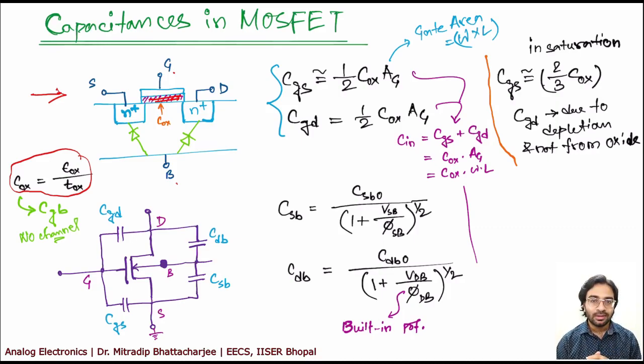And why are we calculating capacitance per unit area in this case? Because from a device perspective, we are mostly interested in charge density. So you know Q equal to CV, right? We are interested in charge density, that means surface charge density. Surface charge density means Q by area.